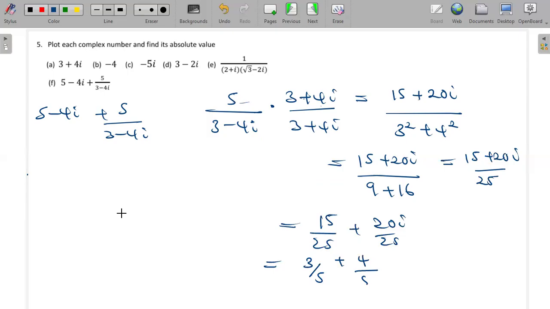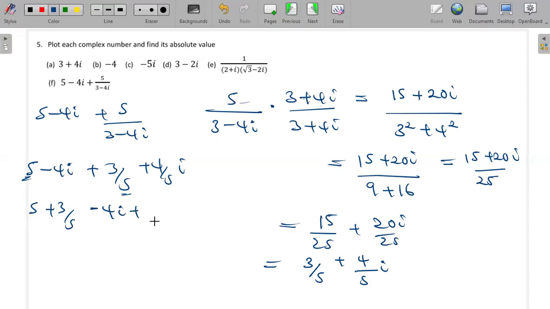Then I have this part here now, which I'm going to add, which is 5 minus 4i, plus this 3 over 5 plus 4 over 5i. The real part, which is 5, and this 3 over 5 will add, and I'll also add the negative 4i plus 4 over 5i.